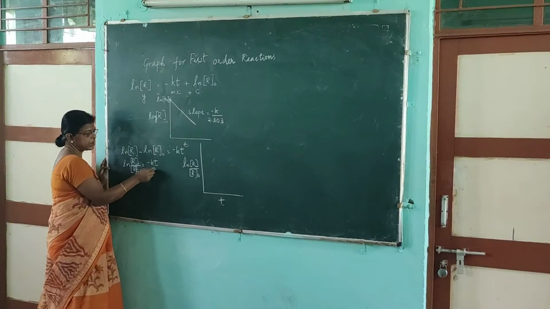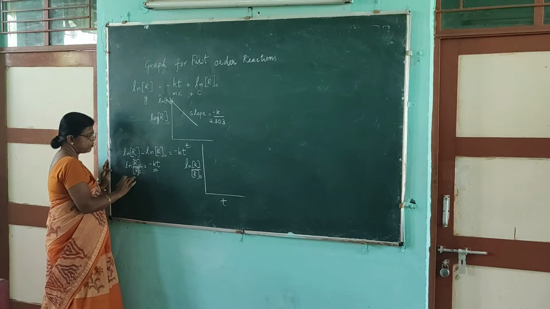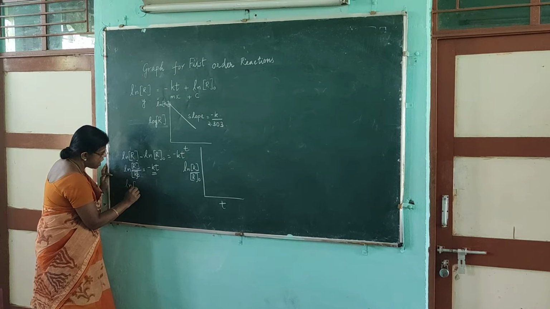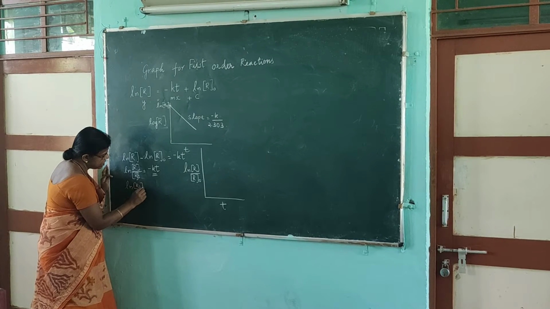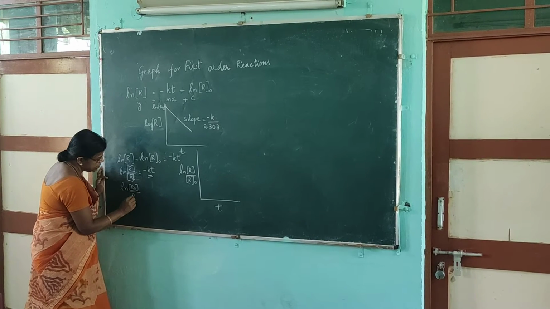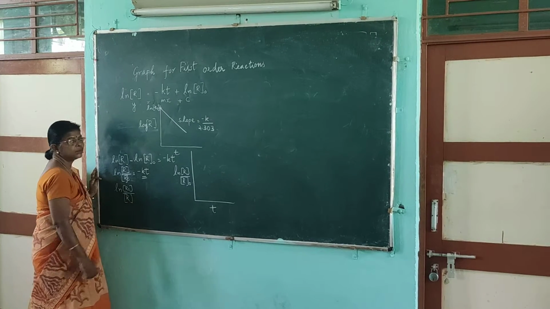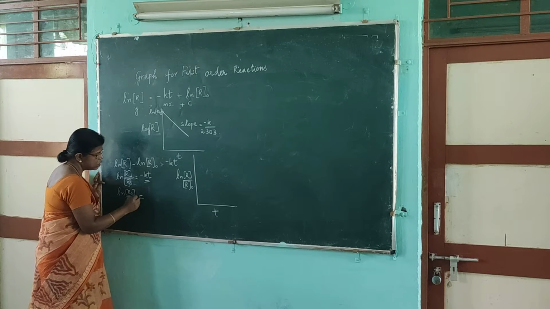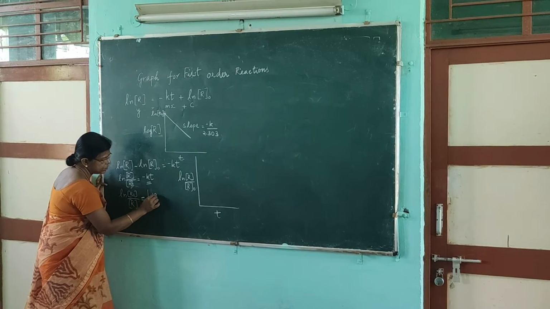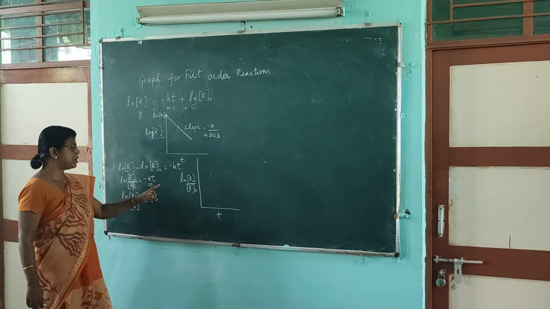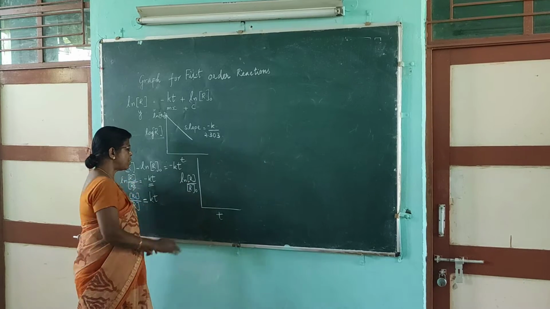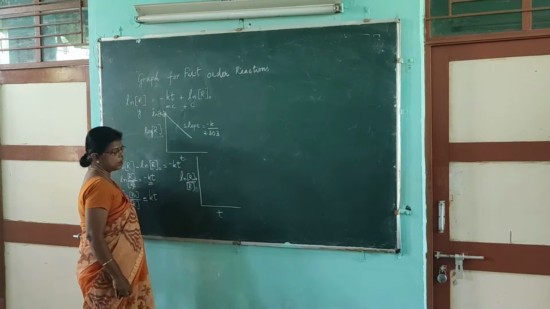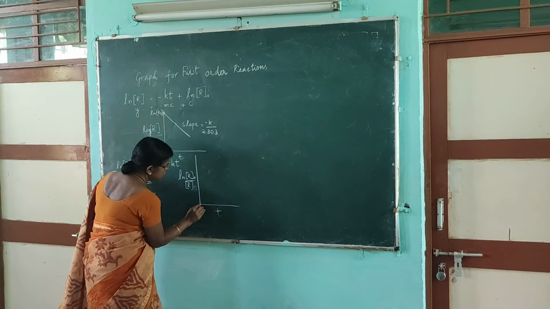Since it is minus kt, now we can rearrange this again. ln r naught upon r is equal to kt. So instead of ln r upon r naught, we will write ln r naught upon r, the graph passing through the origin.